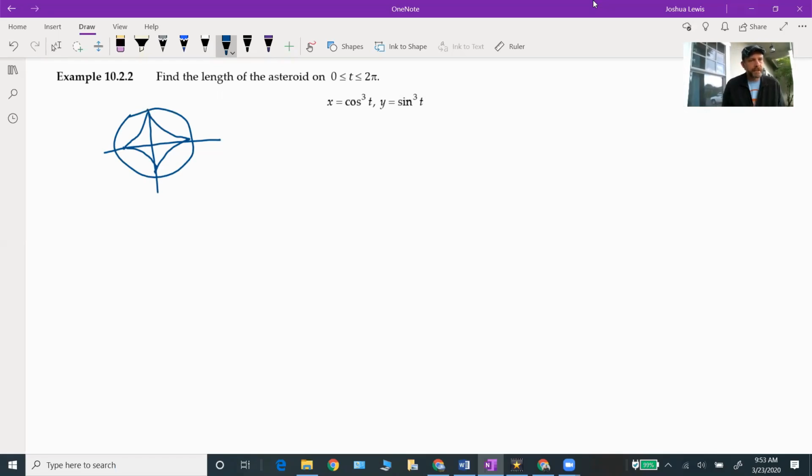So instead, I'm gonna take advantage of some symmetry here. And I'm gonna say that the length is 4 times the integral from 0 to pi halves, okay? And then the square root of all that business dt, okay?